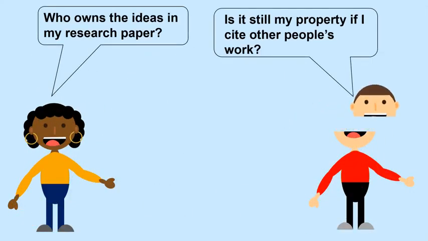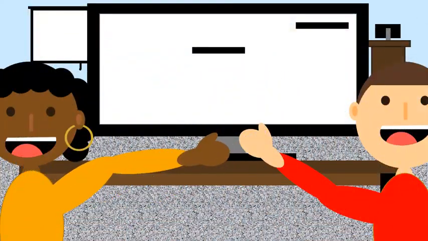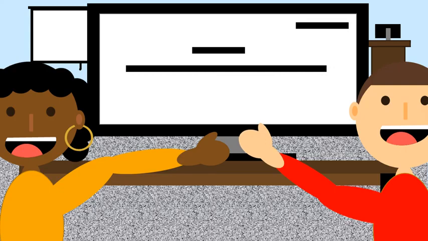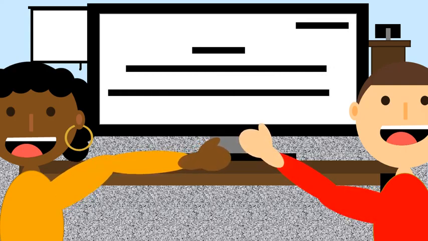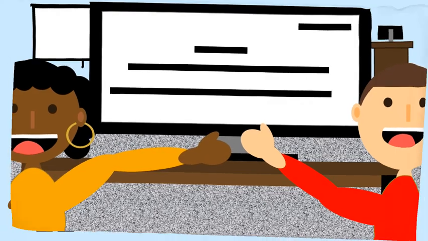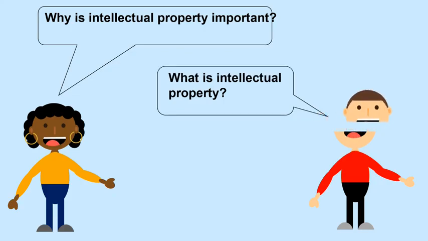Just like the articles you are citing belong to the authors who wrote them, the research paper you are writing belongs to you. You decide what information to include in your paper, and you share your interpretation of the sources used in your paper. This makes your work your intellectual property.